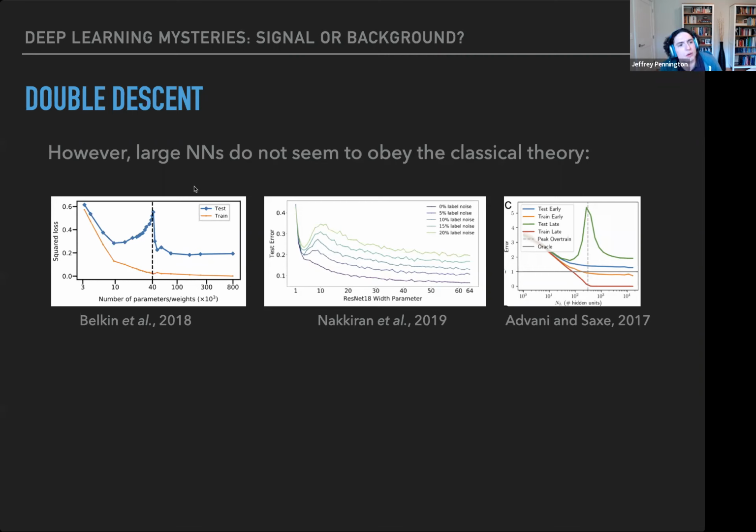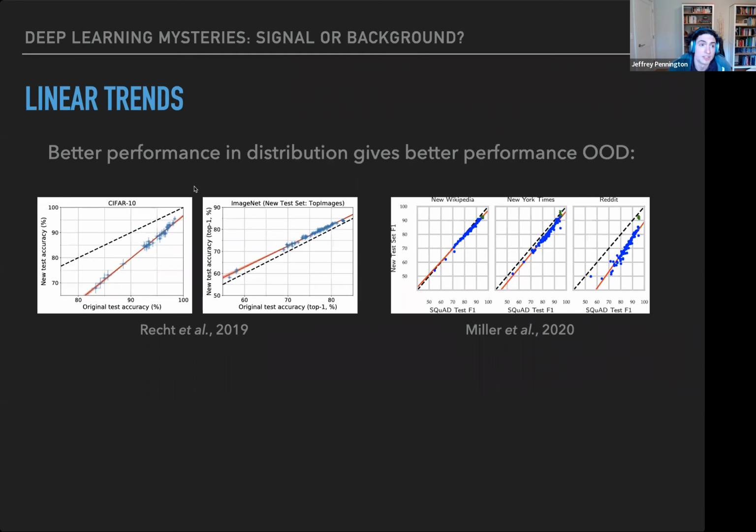And then, refining this slightly further, you could make some additional observations. Here I'm showing a sequence of models in a scatter plot, where the performance on the original data distribution is on the x-axis, and then on some new data distribution on the y-axis.